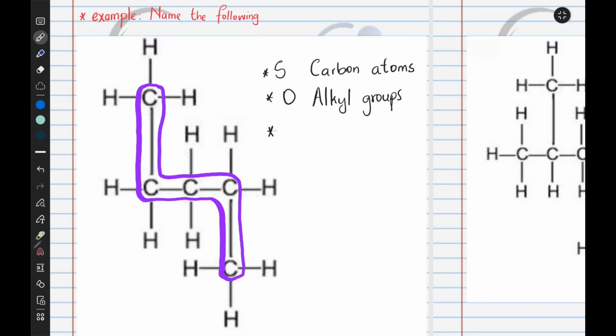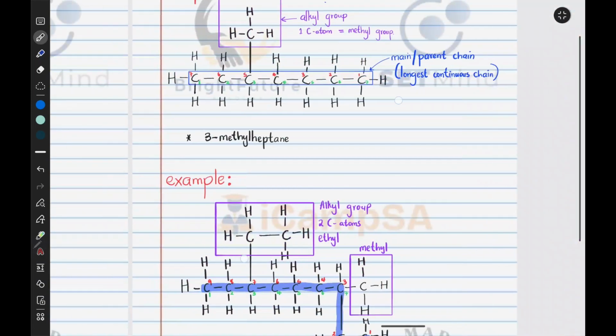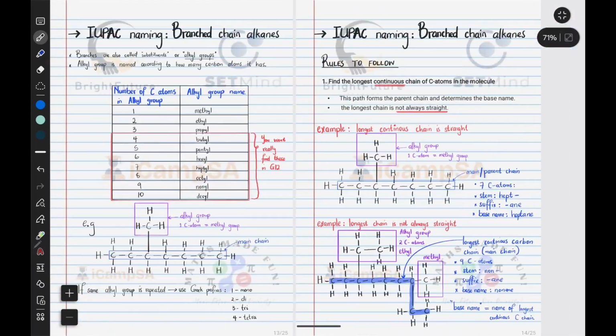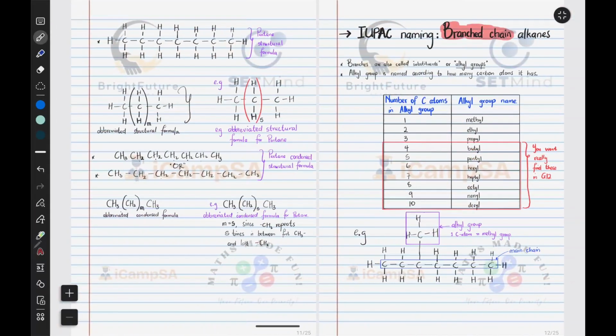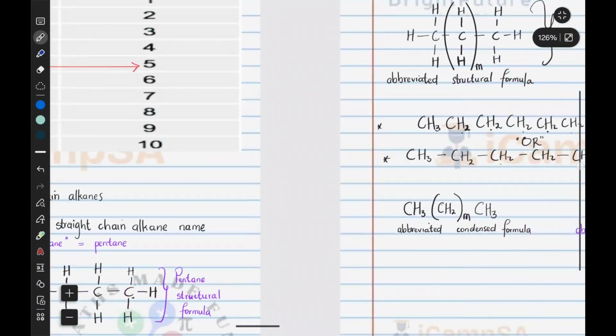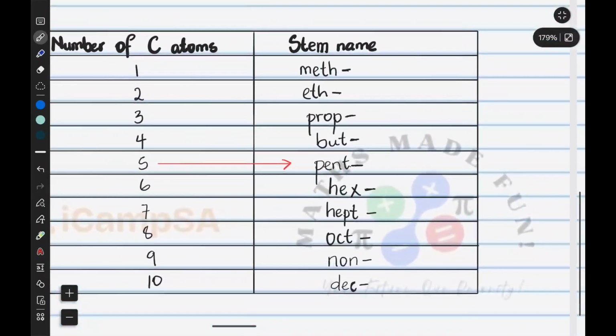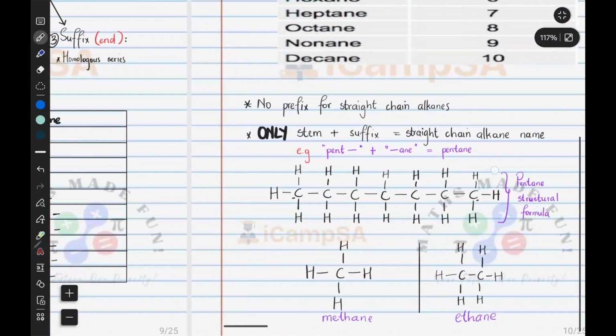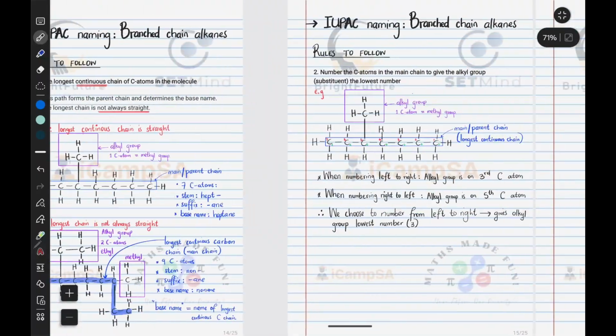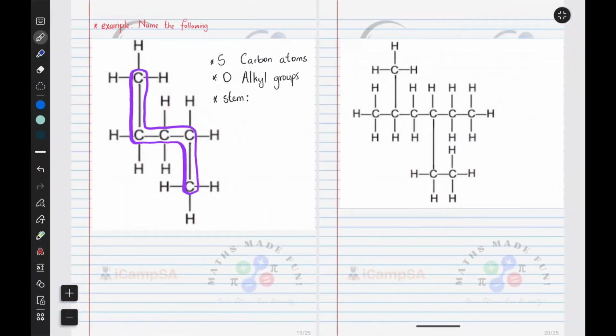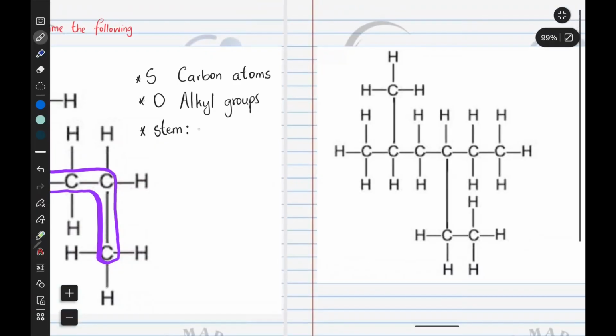So therefore, the stem name would be, we said 5 is what? Let's go to our table. Stem name, no, not this one. 5 is pent. So let's go back. Pent.